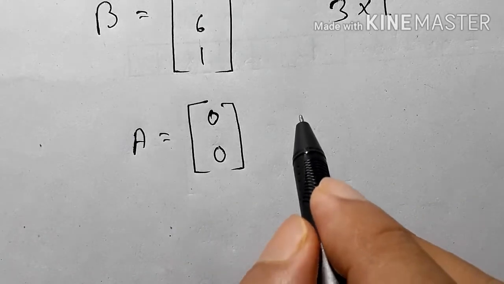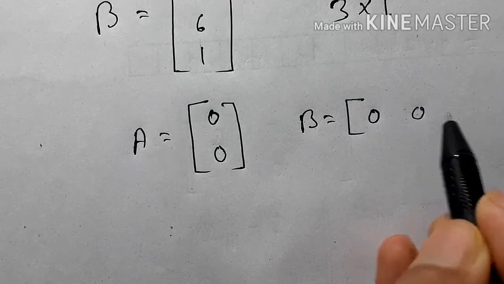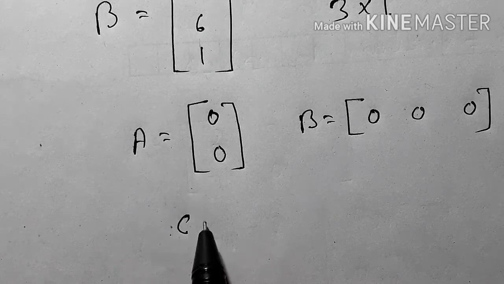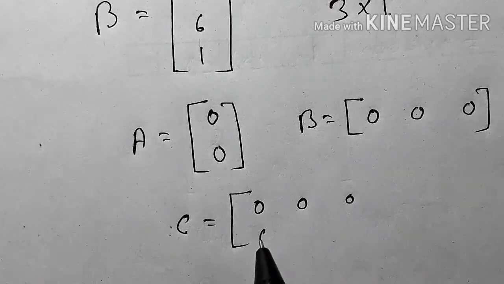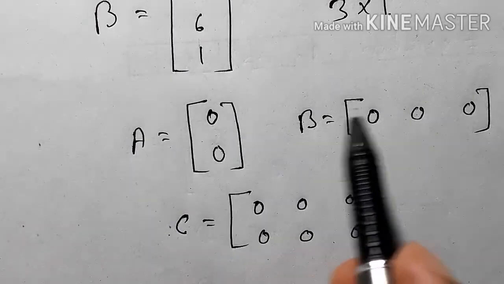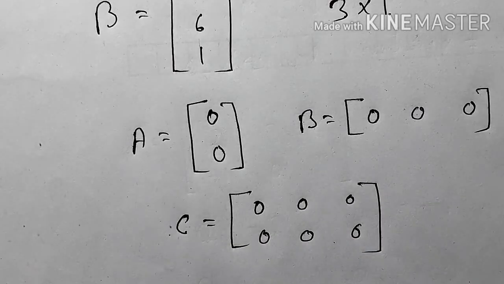It may be like this, or like this. All of these are known as null matrices.